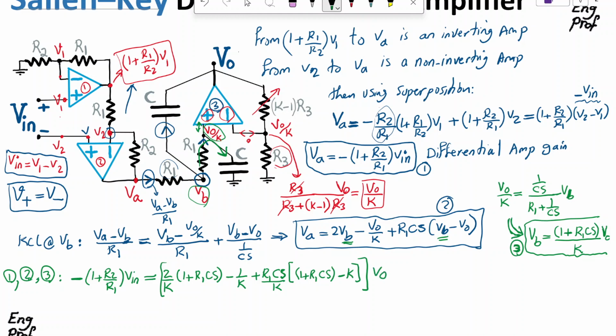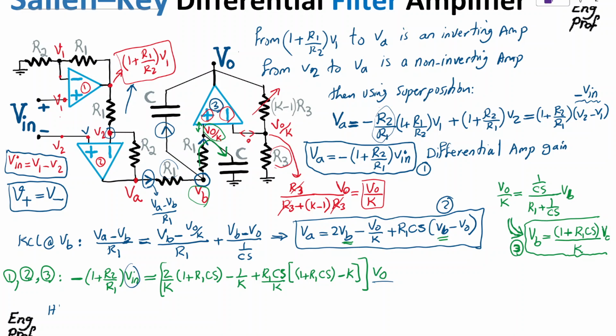So what is the nice benefit of this? The nice thing is I factored out everything. I can multiply both sides with K, and as a result, I get this. Move V in here below V out, so I get the transfer function.